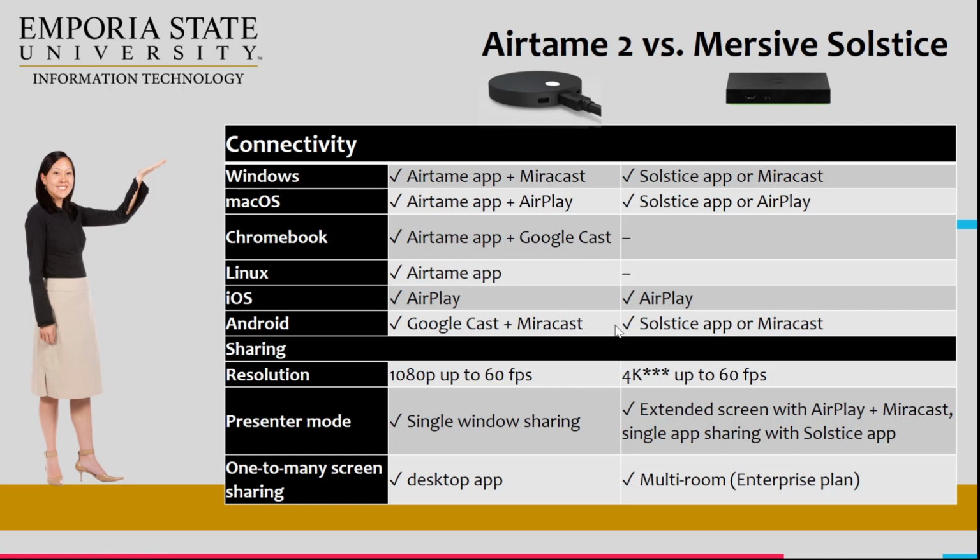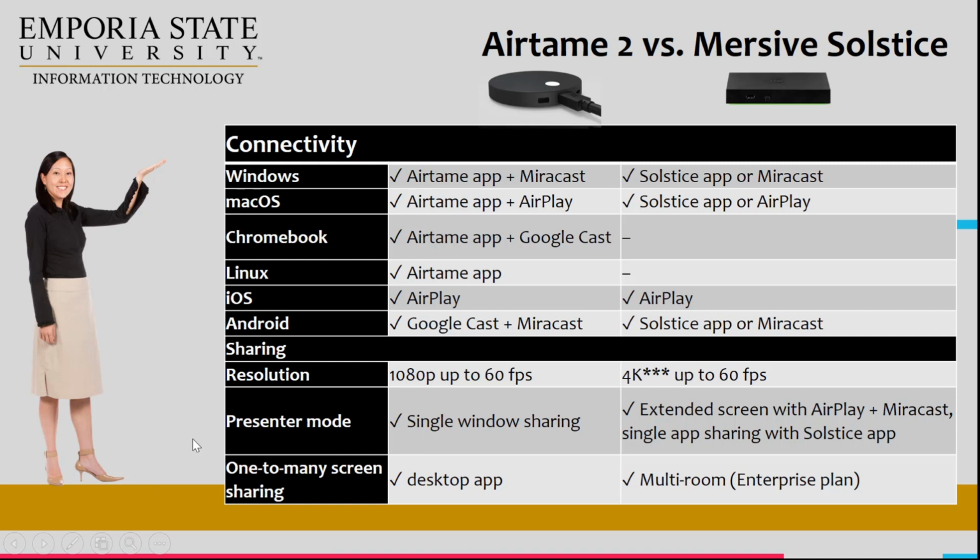Here again with the connectivity, you'll see that the Mersive Solstice does have an app that you can download when using Windows, but they do have some native AirPlay and Miracast built into their product so that you can directly connect with those casting options.